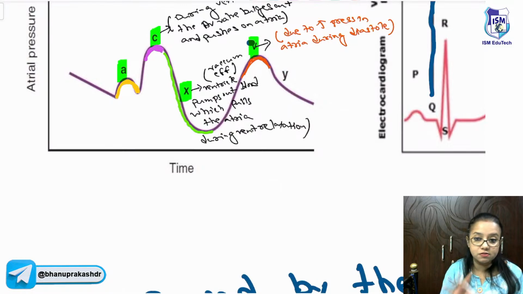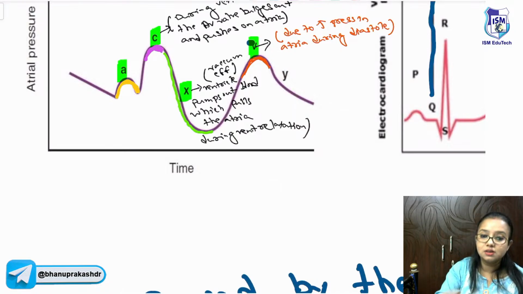The atria are constantly getting filled with blood, right? So filling of the atria with blood also causes an increase in the pressure. This is what causes this V, the bulging out, that peak, that bump.